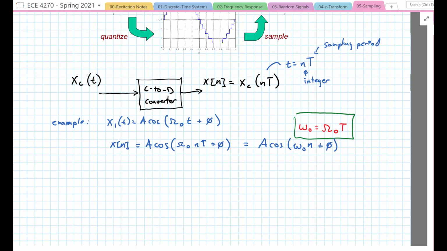Now let's explore what can go wrong and where we might have possible issues. Let's do another one. We'll call it x2 of t, and it is essentially the same function, except that now we have Omega naught plus 2 pi over T, times t plus phi.